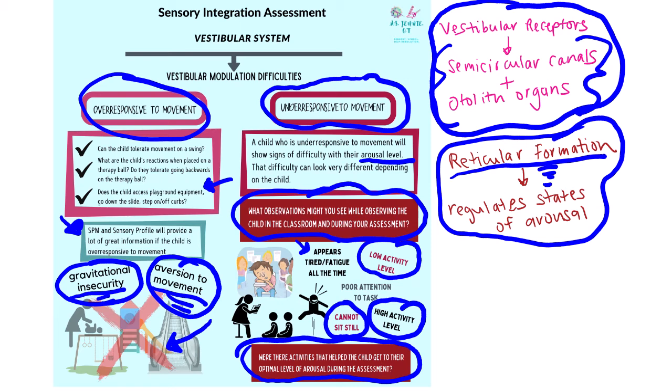But in this case, we want to see, are there solutions for the classroom that help them get that type of movement input that they need, but that is a little less disturbing to the classroom itself and to the teacher.